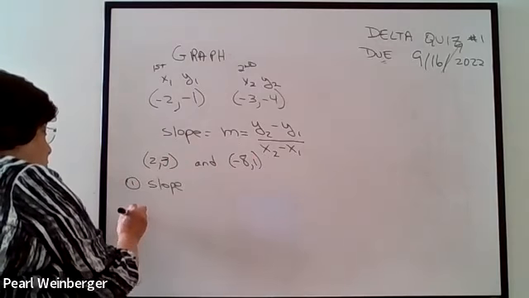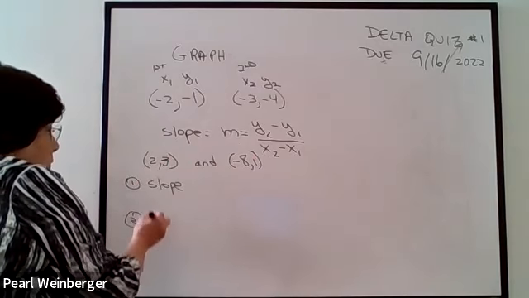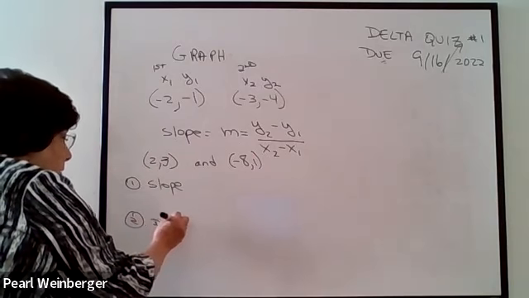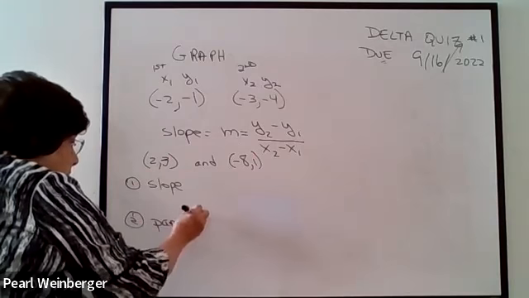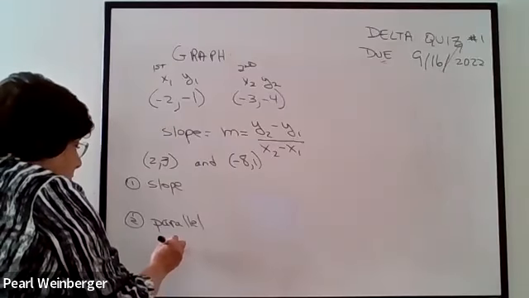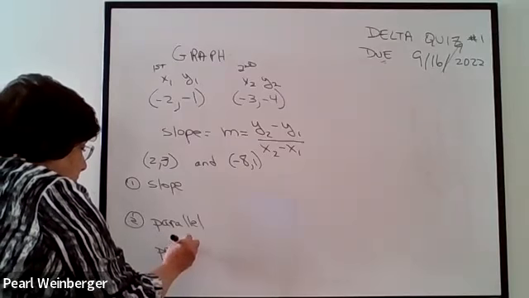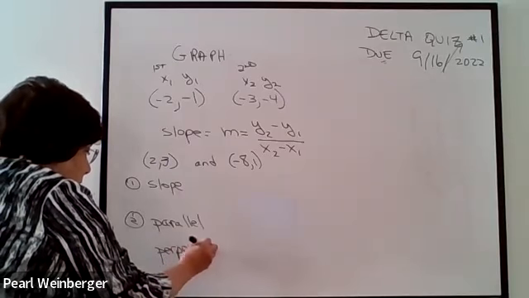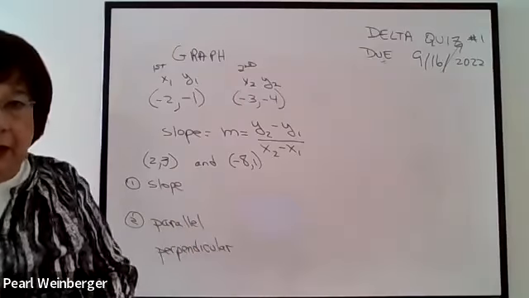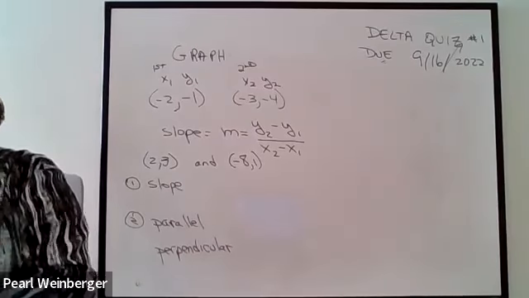And number 2, I want you to tell me what is the slope of the parallel line, and what's the slope of the perpendicular line. Okay, so this is a lot of work to do. And I'm going to let you do this while I am taking attendance.